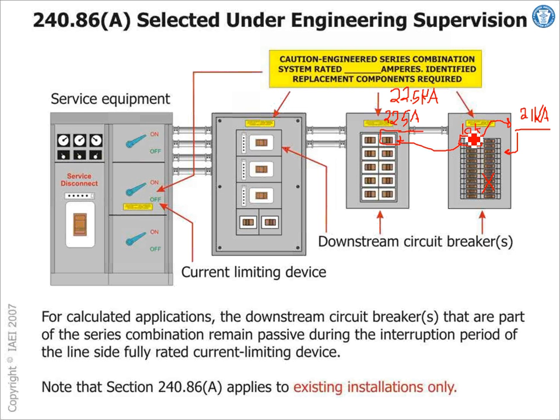If the 10K sees anything higher than what it's capable of, it stops and lets the 22.5K, which is the 225 amp circuit breaker, take care of business. Why is it good to use something like this? Cheap, and it coordinates up to 99% of your system. So you still have a 1% chance that you could trip both of them, but for the amount of money that you can save, it's an acceptable risk.